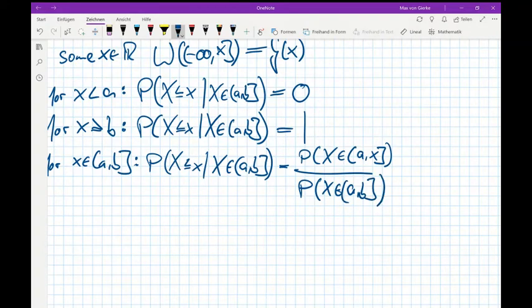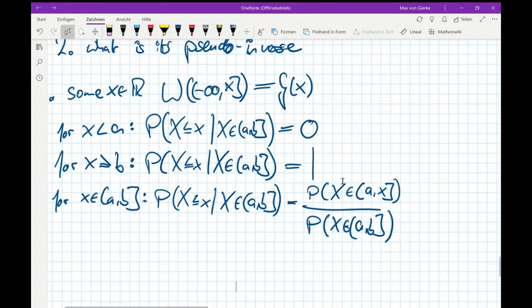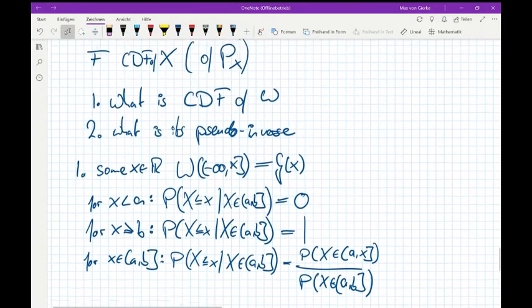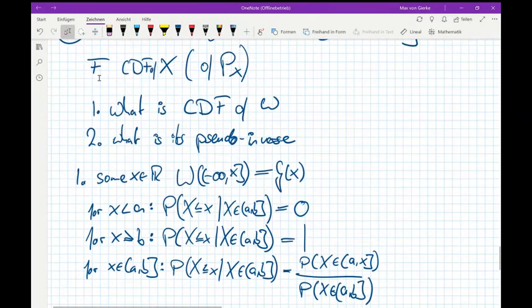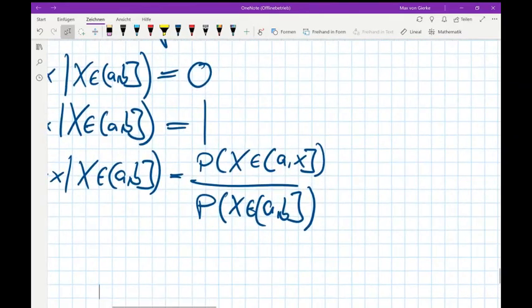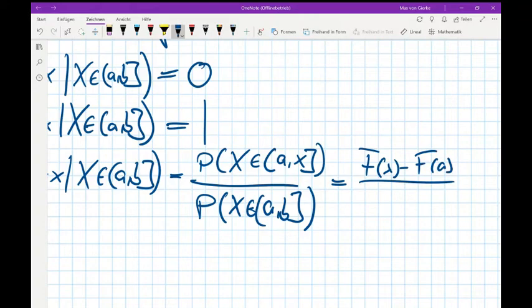Okay, but now we just have the unconditional distribution of X, and we more or less know what this is because we have this F as the CDF of X. So we can express this term with F, which is just F(x) minus F(a) divided by F(b) minus F(a).